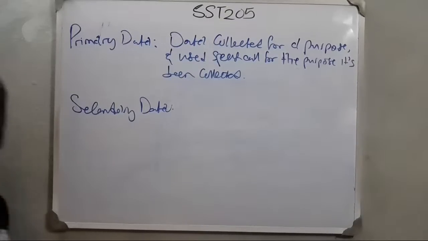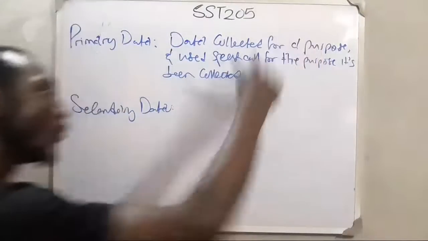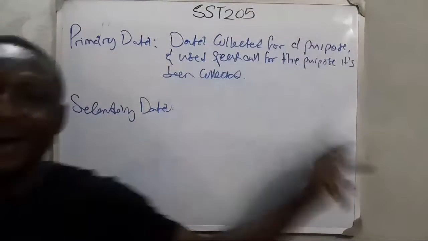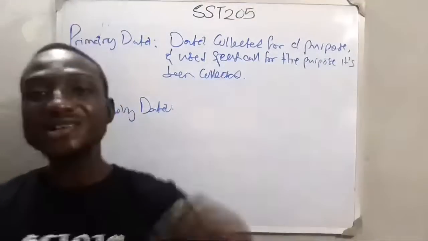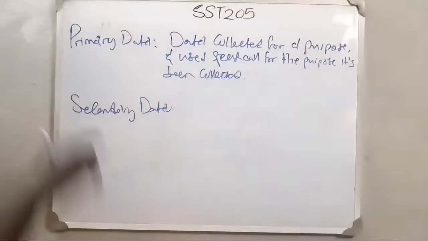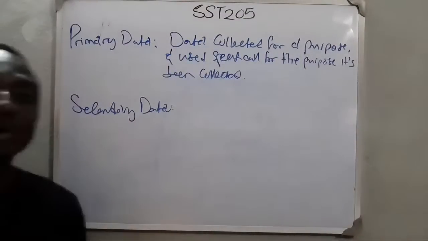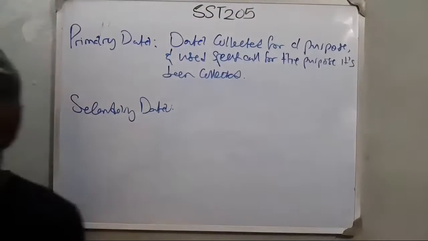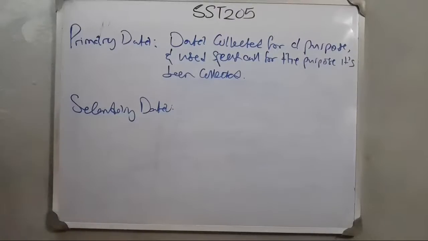In this case, primary data was collected by or for the person who needs to use it. But here, data is collected not for that person but for other persons to use. And that's why we have it as secondary.